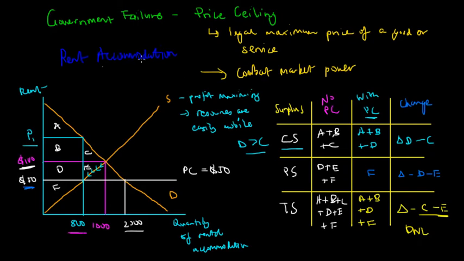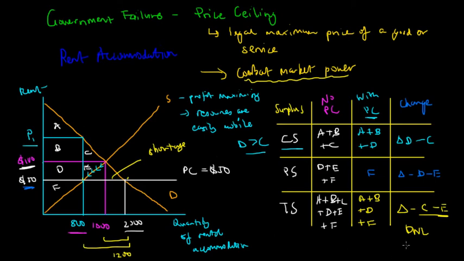So as we can see now, even though the government is trying to combat market power, in the sense that firms can charge outrageous prices for rental accommodation, and that 1,000 people are left homeless, because they've put a price ceiling on, in fact, now we've seen a shortage of rental accommodation, and instead of only 1,000 people being stuck homeless, we're going to see a rise to 1,200 people being left without rent.